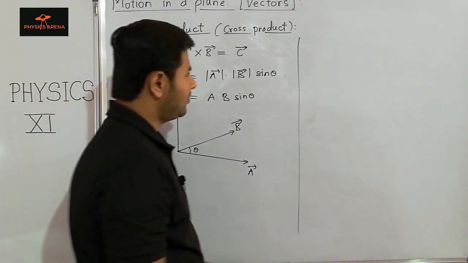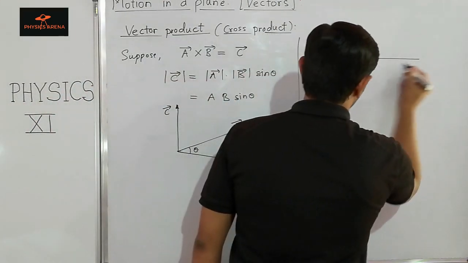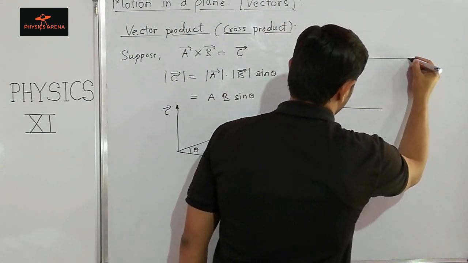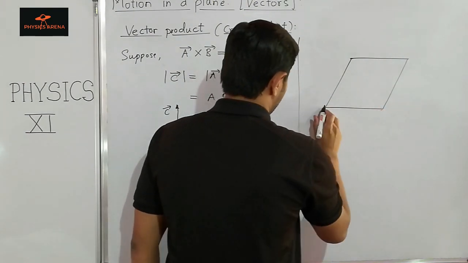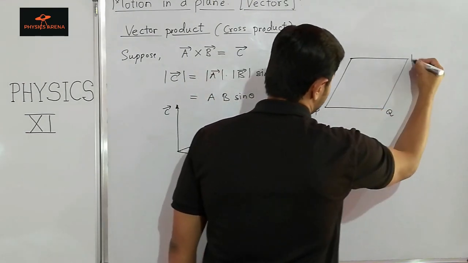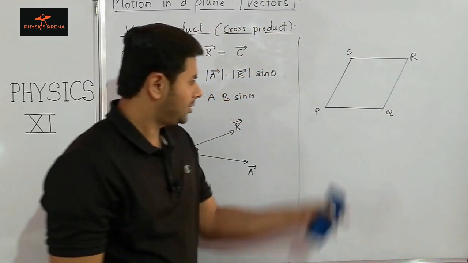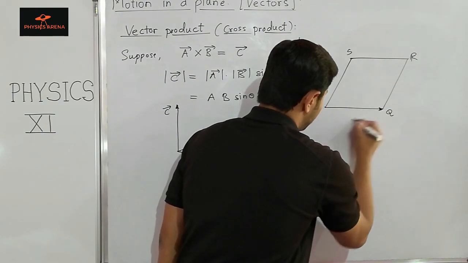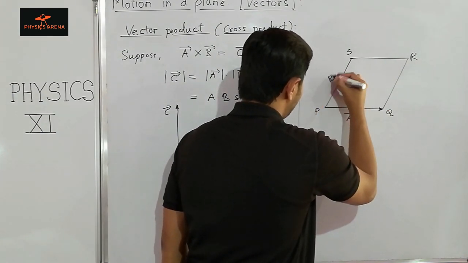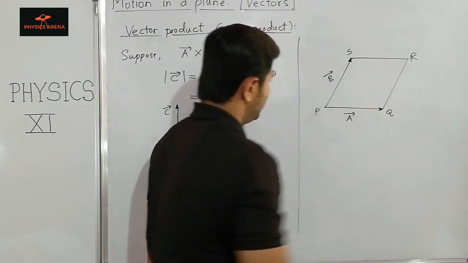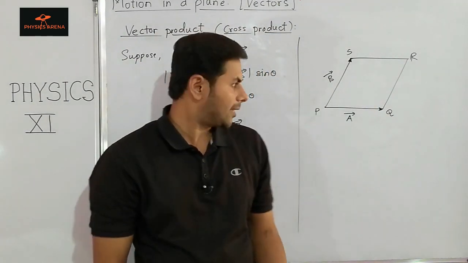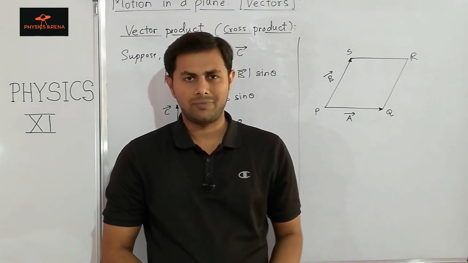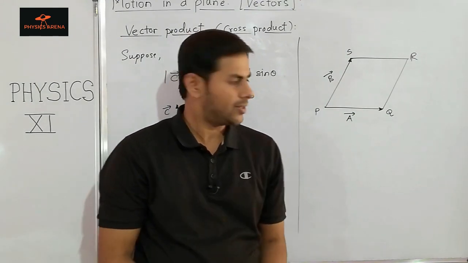Then what is an example of this? Suppose we have this parallelogram, let's call it PQRS, and these two adjacent sides of this parallelogram are represented by these vectors A bar and B bar, and I am interested in finding out area of the parallelogram. So we know area of parallelogram is base multiplied by height.